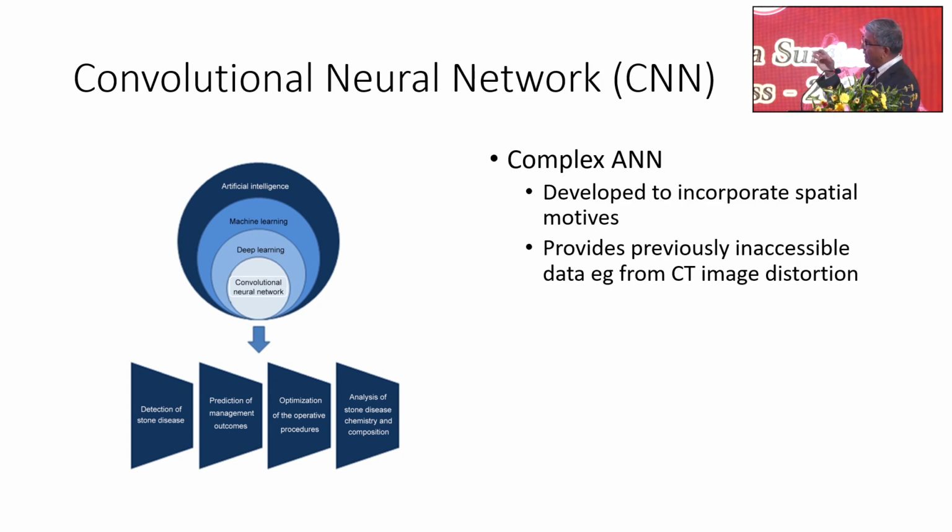Now finally, we have a subset of deep learning, and I've put this in because this bit alludes to urology, and you'll see why. So these are complex artificial neural networks. They're created for a specific pattern. So for example, if you are having a CT and the patient moves, in the past we just had to chuck that CT away because there was so much distortion that you couldn't get the data you wanted.